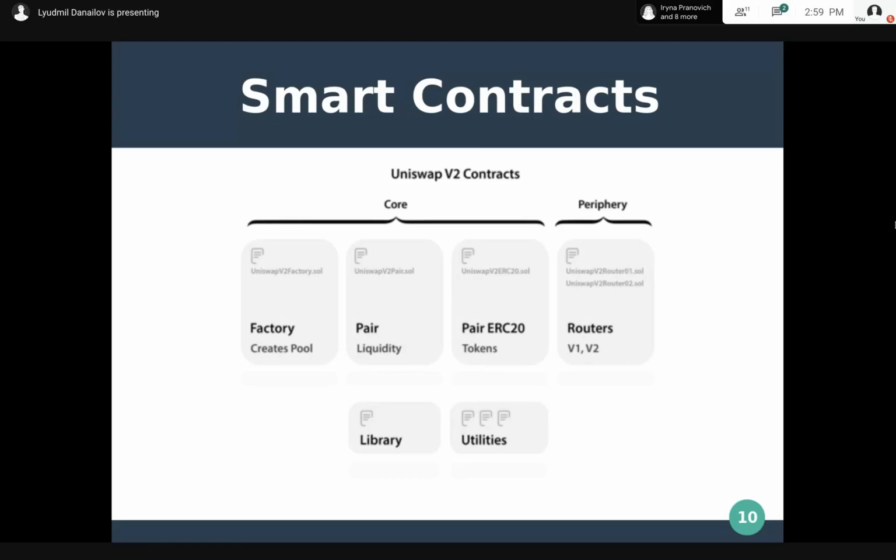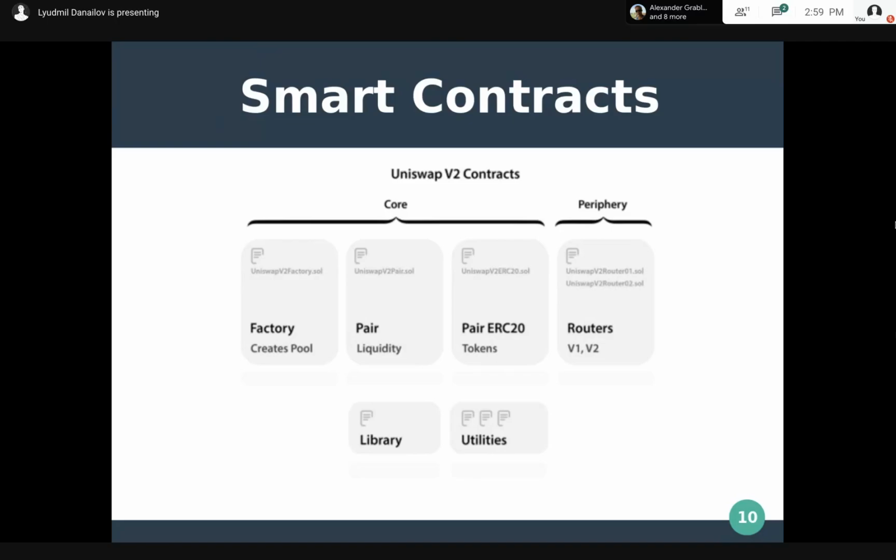There is a create pair function in V1 and V2 both, but I haven't researched how it's done for V2. In V1, after executing this function, it creates an exchange contract. It creates an event also, which is pair created. And yeah, that I know of, the V1.